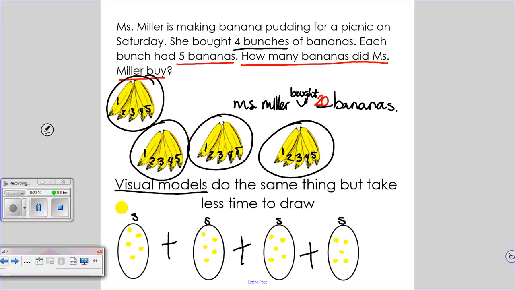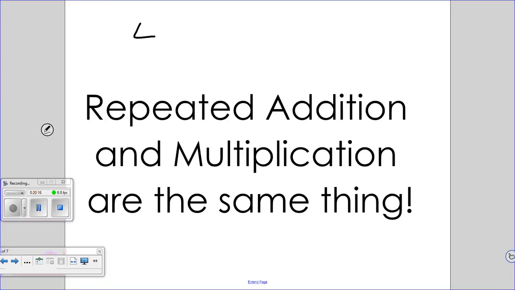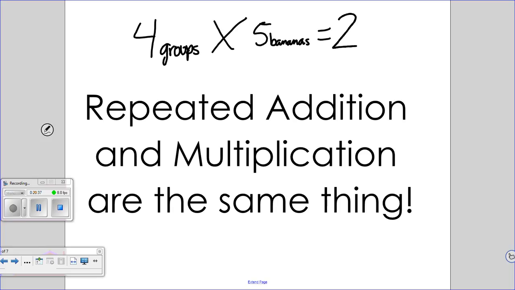So I'm going to say 4 groups times 5 bananas. I'm going to be a little more specific. Bananas. Times 5 bananas is going to give us, we found out, 20.